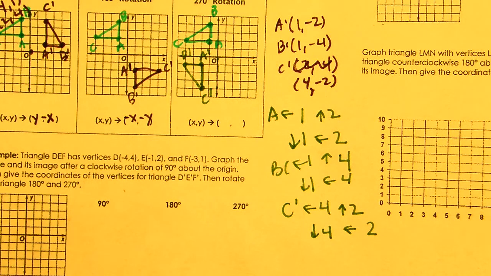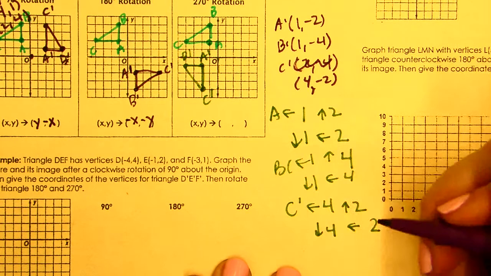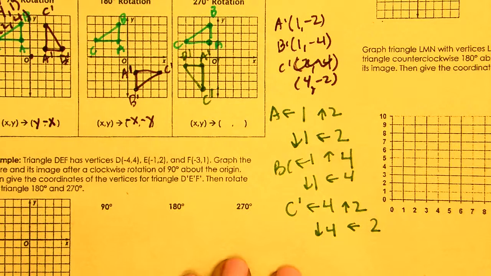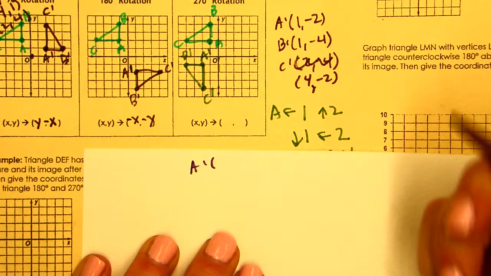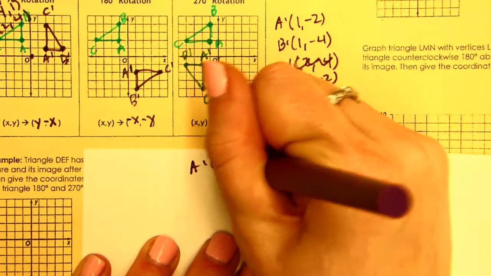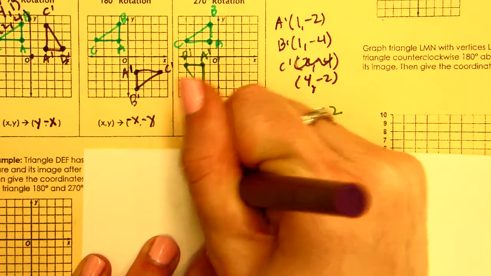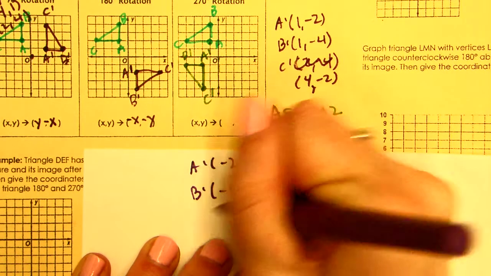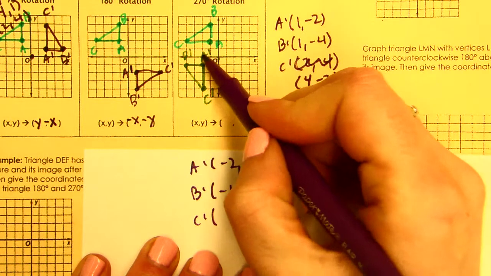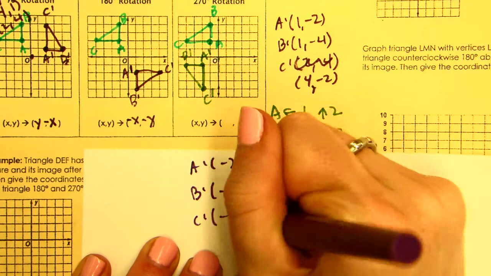So our new coordinates of A prime, B prime, and C prime, and I should have left more space. A prime is at -2, -1. B prime is at -4, -1. And C prime is at -2, -4.